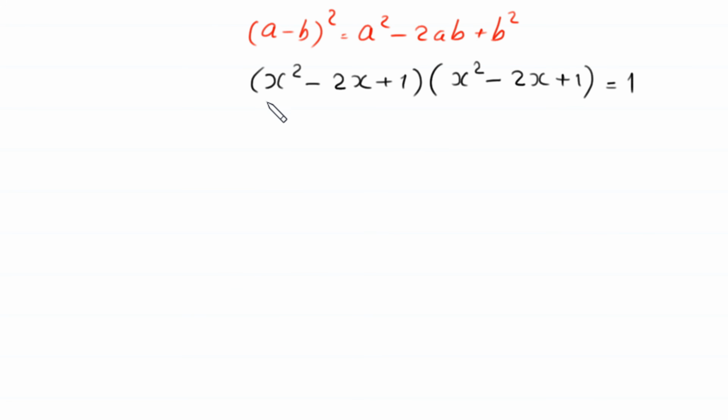Now here we have x squared minus 2x, and here we have x squared minus 2x.